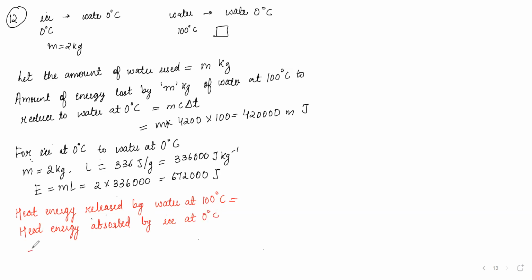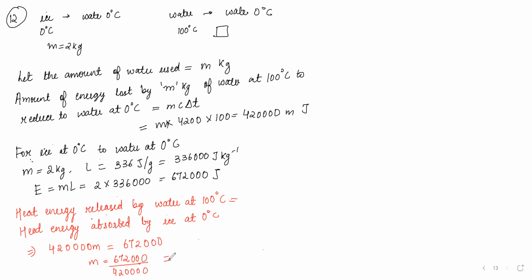So this implies what? 420000, 4 zeros, M is equal to 672000. So M will be equal to 672000 divided by 420000.